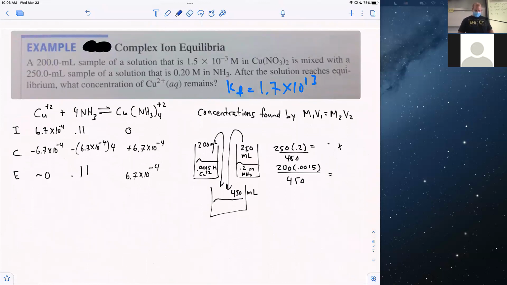Now when you do the initial change equilibrium, unlike the other ones we've been doing, if you're dealing with 10 to the 13, that's 10 trillion.